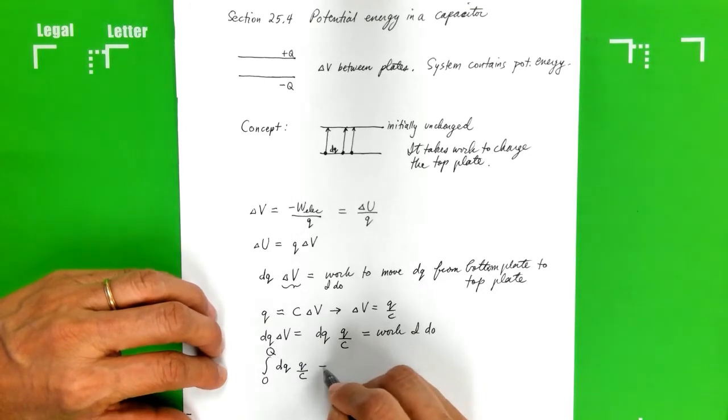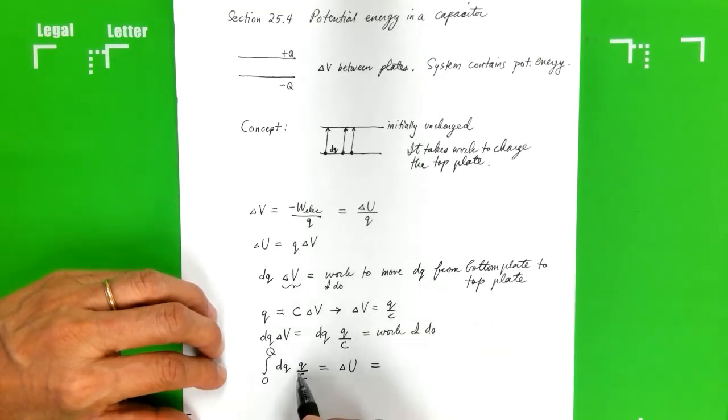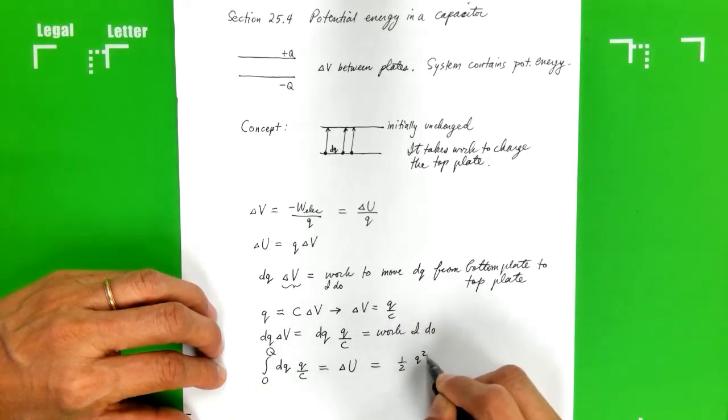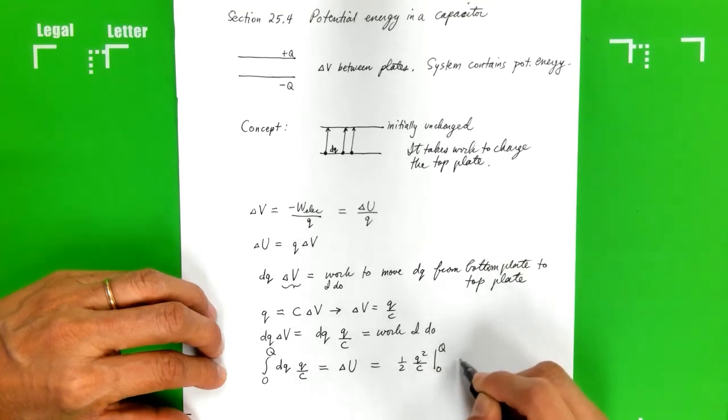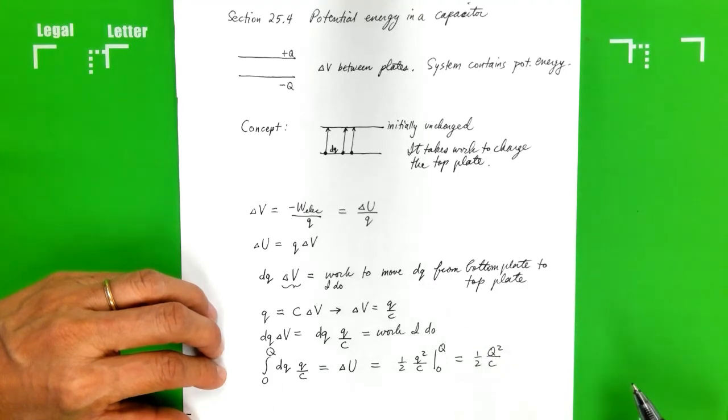And this is going to equal the change in potential energy. And so it's easy to do this integral. So that's going to come out to be 1/2 q squared over c evaluated from 0 to Q, which is equal to 1/2 big Q squared over c, and that equals delta U.